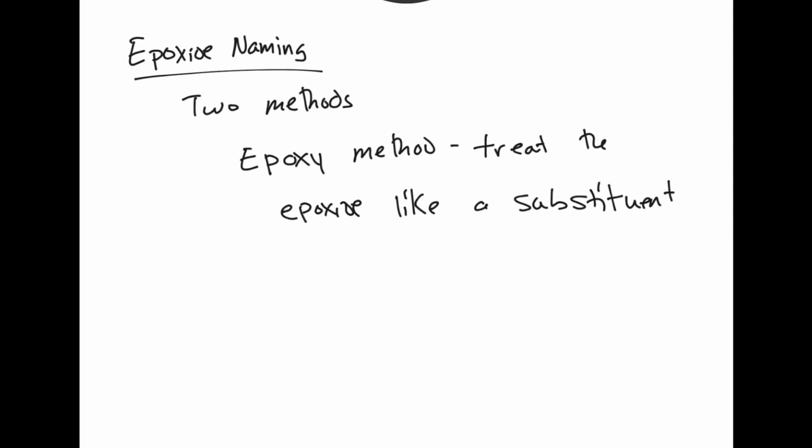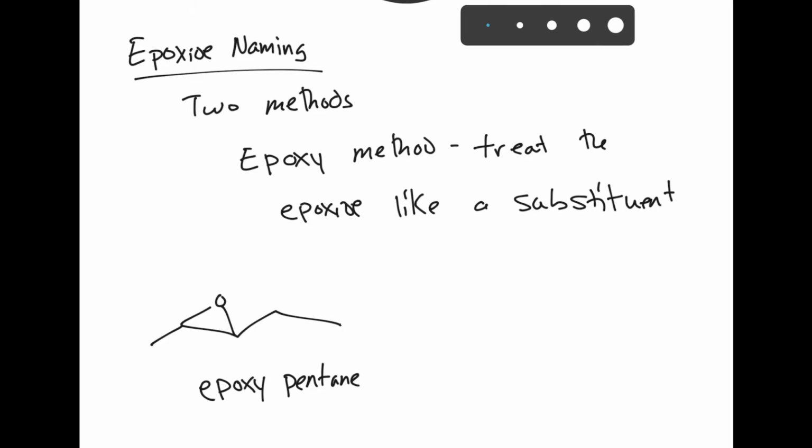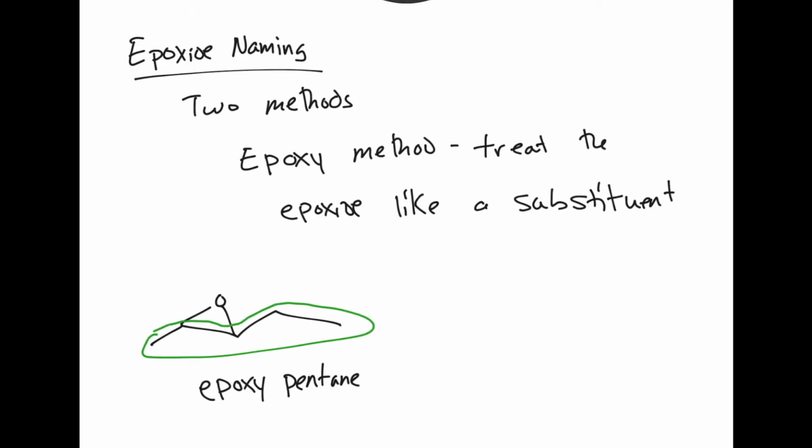So you're going to name your parent hydrocarbon, your longest chain, and then you're going to have the epoxy out in front like a substituent. So this is epoxypentane. Name your longest chain. Now you have to say which carbons your oxygen is bonded to. Your oxygen is bonded to carbon 2 and carbon 3. So it's 2,3-epoxypentane.